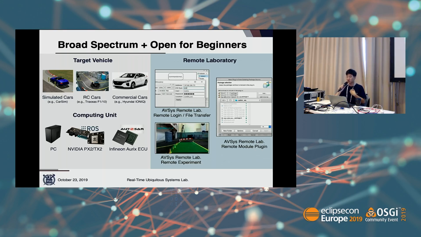We have the remote lab, so anyone who does not have a commercial car or the full sensor suite can use this remote lab. In the AVSys, there is a remote login and file transfer system. If you log in there, you can download the package of the module you created through the AVSys, and after that, you can run this code on the remote lab.